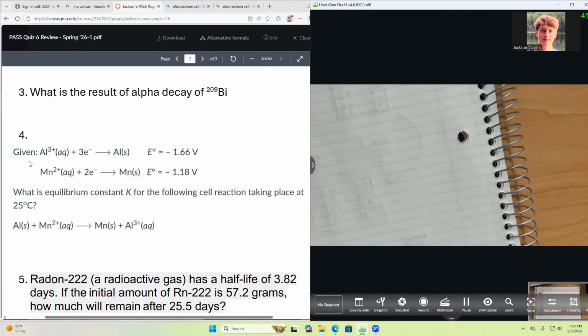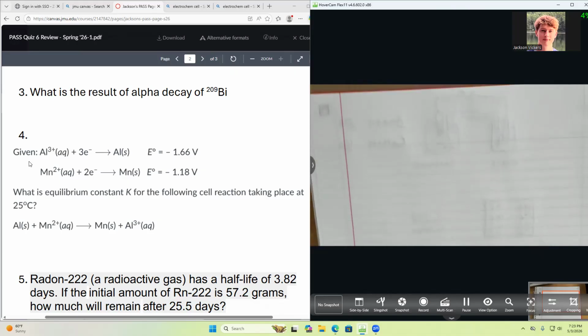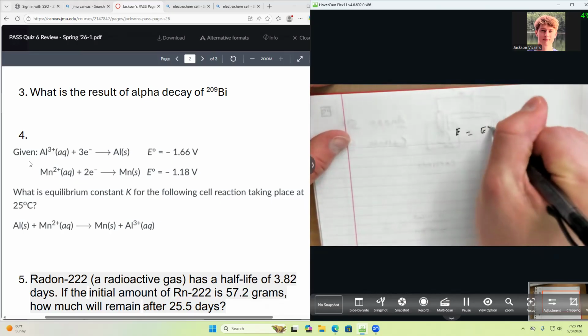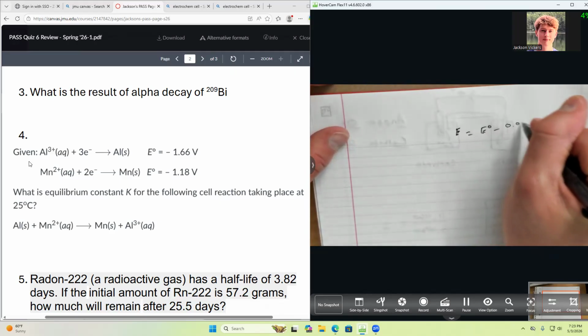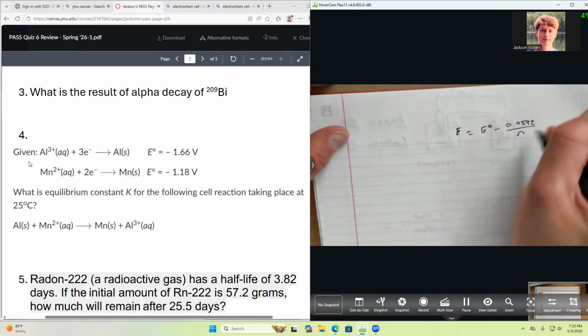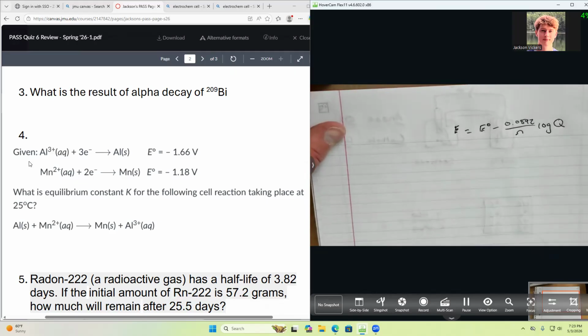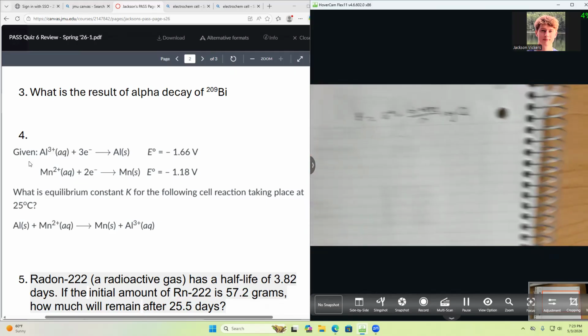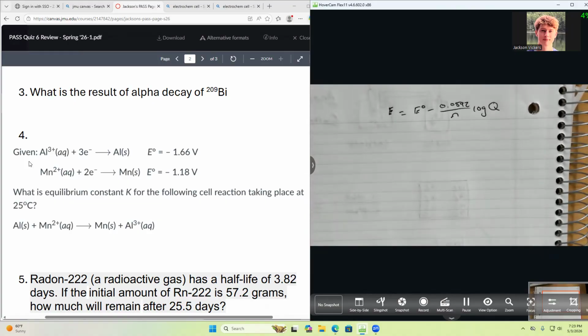We'll keep going, but I know that the 0.0592 works for the one that looks like this, the E non-standard. I've seen this a lot, so I would assume it also works for the ln K one.